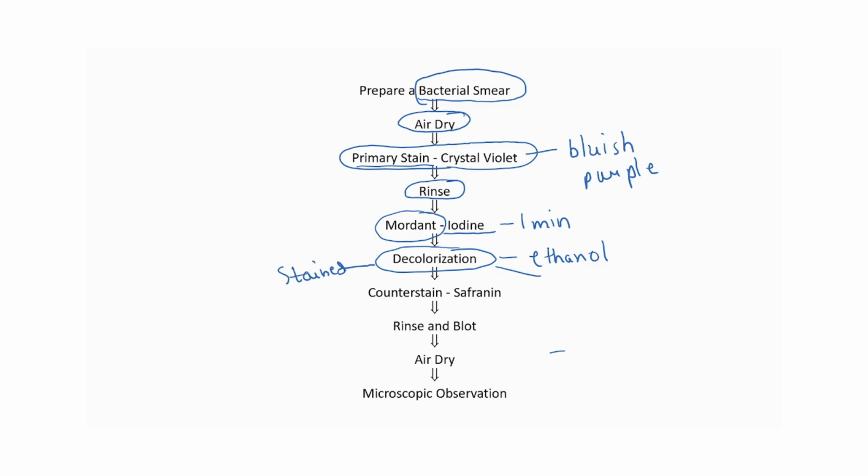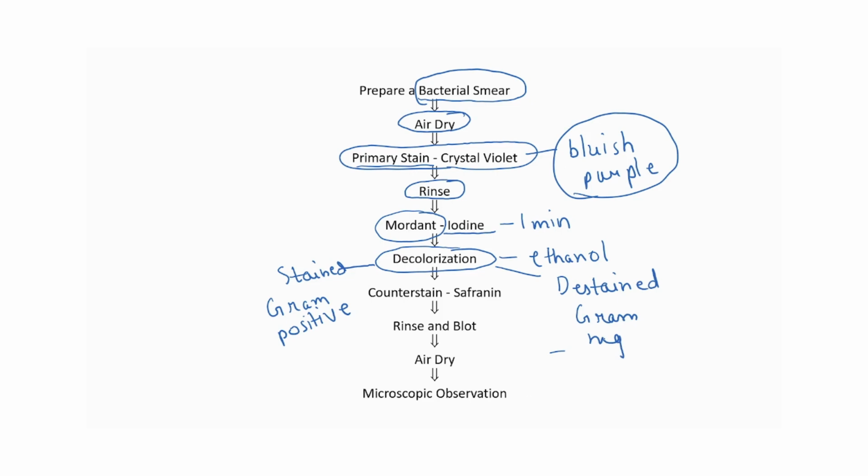If a bacteria retains the bluish purple stain, then it is gram positive. But if it gets de-stained, meaning no bluish purple color, then it is a gram negative bacteria.